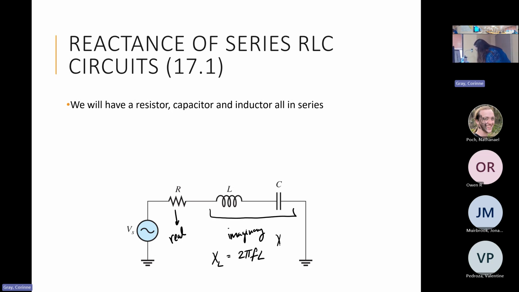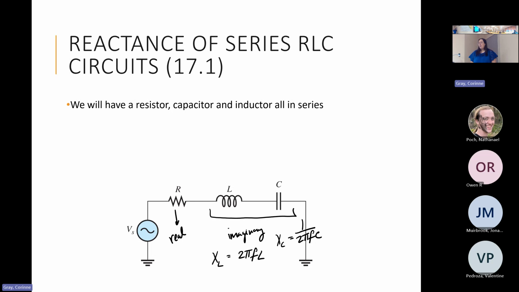And then we had XC, 1 over 2 pi F C. Now that they're in series here, what do we think is true about the frequency in both of these equations? They're the same. Yep, they should have the same frequency.